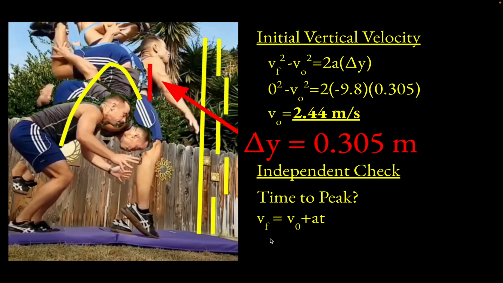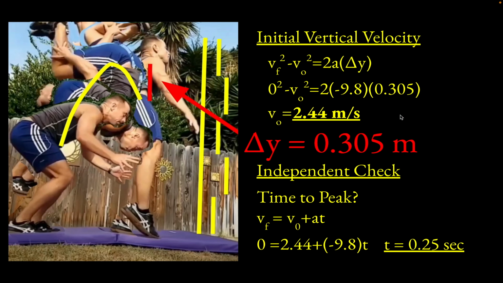Again, setting the final velocity to be 0, vertical velocity to be 0 at the peak, and plugging in this alleged initial velocity of 2.44 meters per second, we could solve for the time that it should have taken me to get to the peak. And what we find is that it is indeed about a quarter second. I think it was 0.23 seconds from the frame rate, but it's a little bit of a judgment call about whether I was actually at the peak or not. So it seems quite consistent.